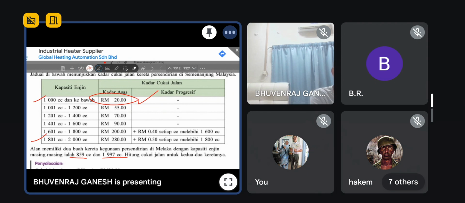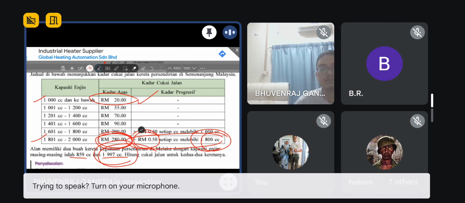Second type, this is our base rate. So guys, progressive rate, how do we count it? You see this value, you compare with this value, minus both, tolak dua-dua, find the remainder of CC times 0.5. That's all. Plus with 280. Then you get your answer.